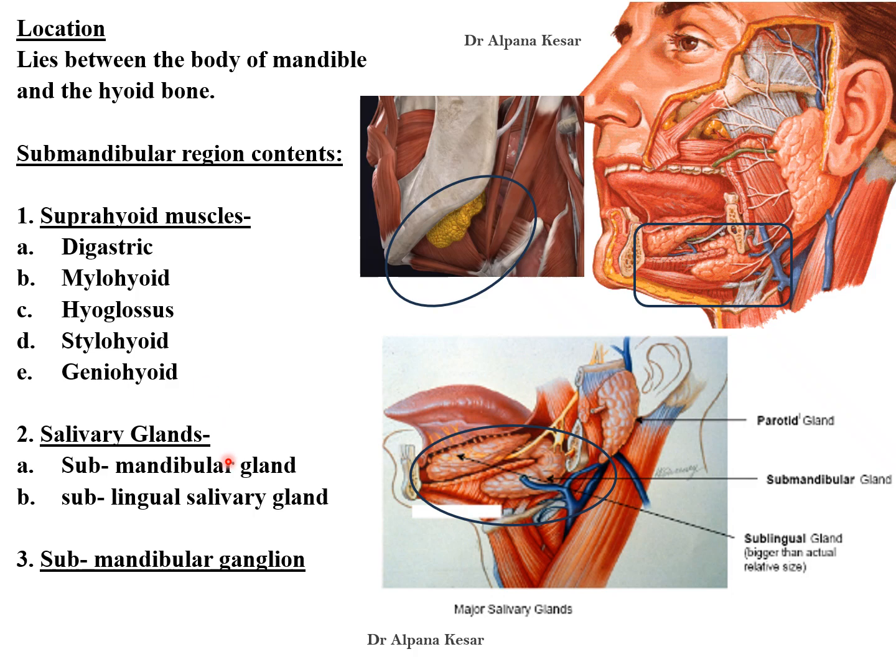Two salivary glands are present, and they are submandibular salivary gland and sublingual salivary glands. Parasympathetic ganglion, namely submandibular ganglion, is present in association with lingual nerve.